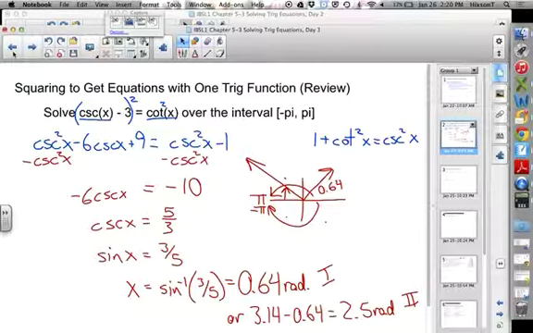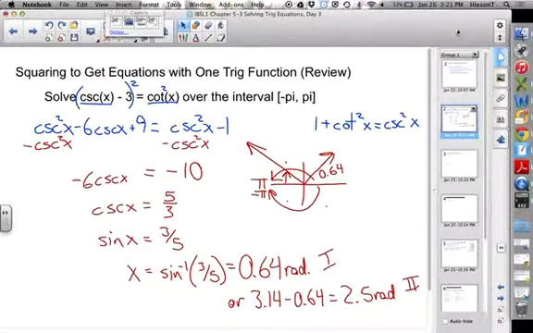So once I square both sides of the equation, notice everything's in terms of cosecant. Now this is what we ended up with on Friday. We did an example like this, not this example, but we also looked at one in your homework that was like this. So I'll let you look a little more closely at this one on the notes.